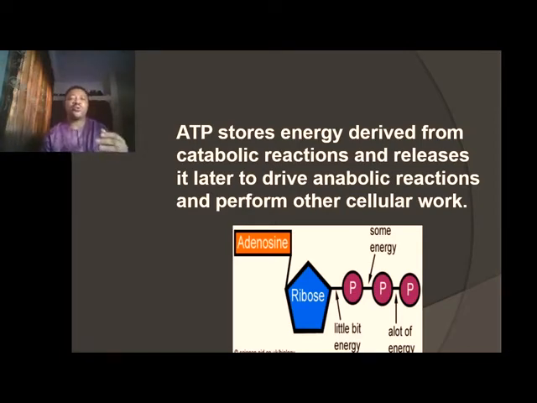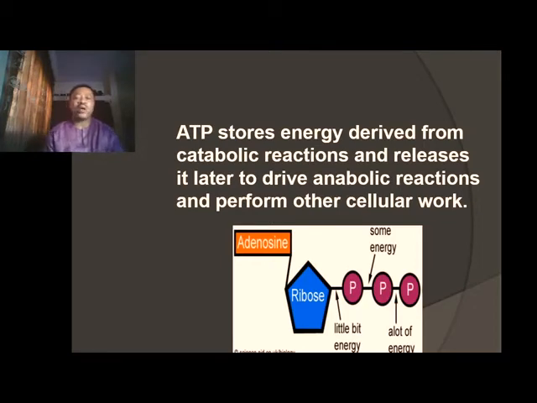Now, where does ATP come in here? ATP stores energy that is derived from the catabolic reactions. So when the catabolic reactions take place, the energy that is released is stored in the form of ATP, and it is released to drive anabolic reactions.